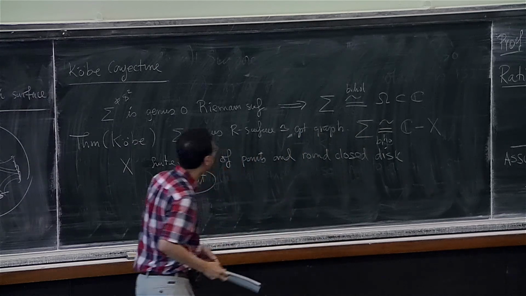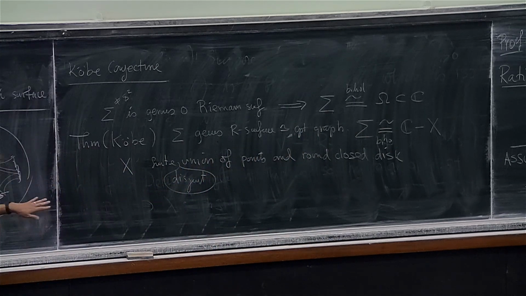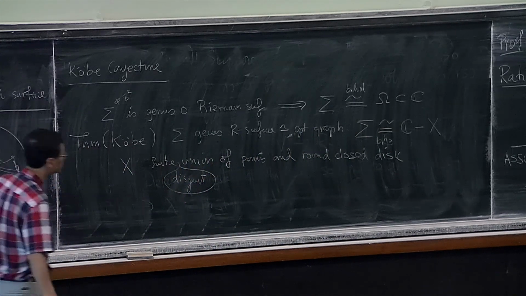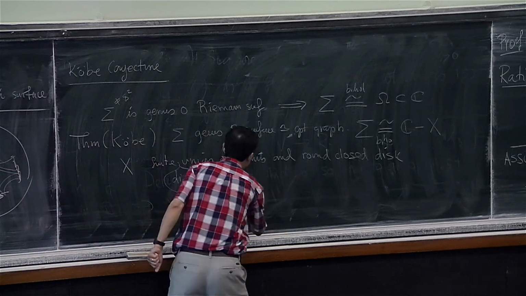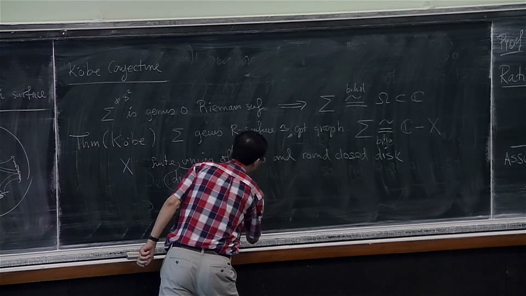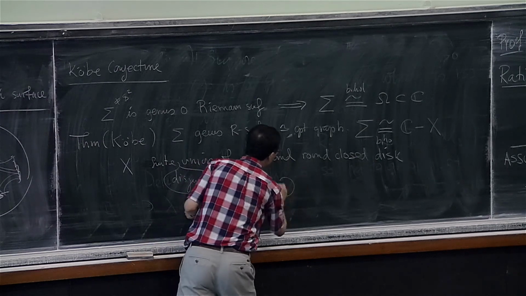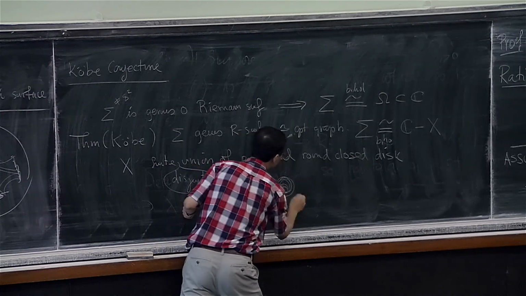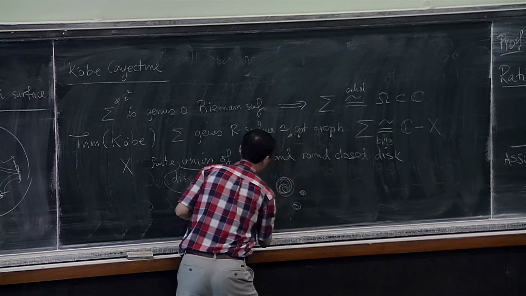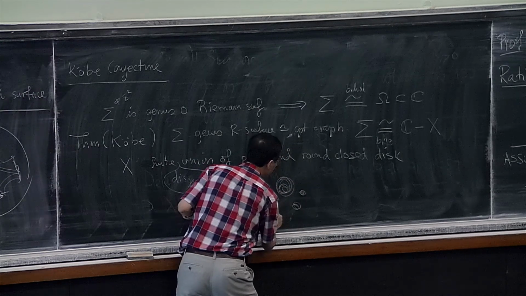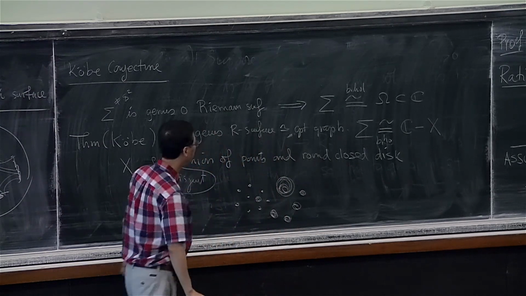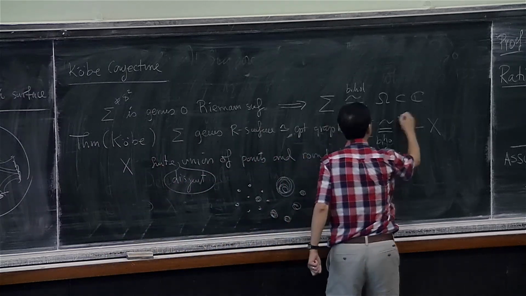So every topologically finite type Riemann surface can be uniquely realized as follows. You take a finite set of points and a finite set of round closed disks, and you look at the complement of that. Maybe I should put the Riemann sphere.